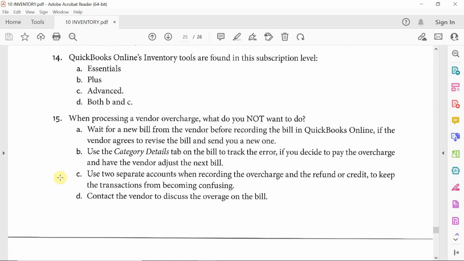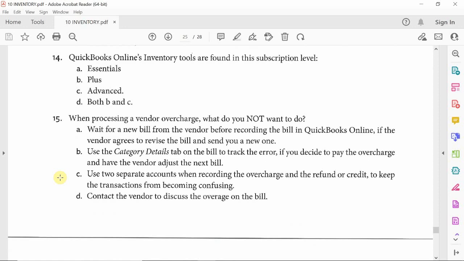In this case, B is actually okay, if that's an option. If you have a dispute with your vendor, they can offer you a credit to be applied to a future bill. They don't always have to adjust the current bill, so that is actually okay.